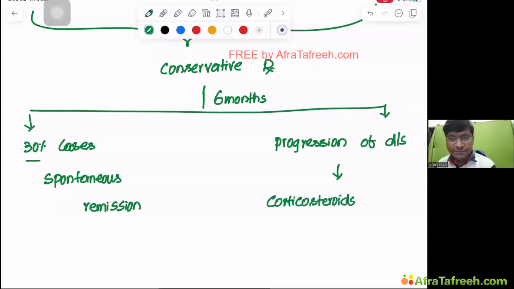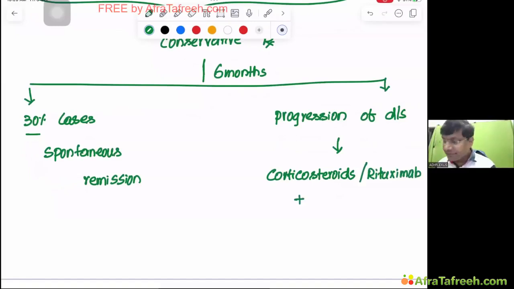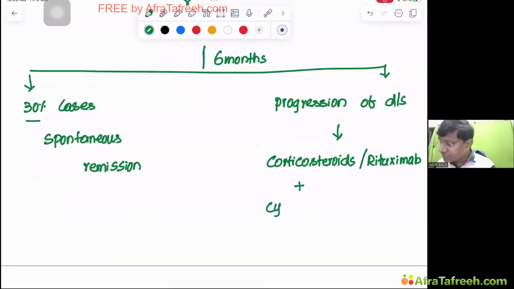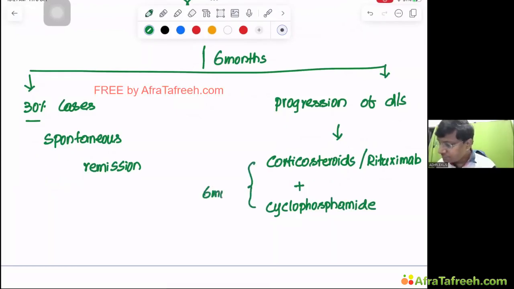And these corticosteroids should be given along with cyclophosphamide. This combination you have to give for nearly around 6 months.